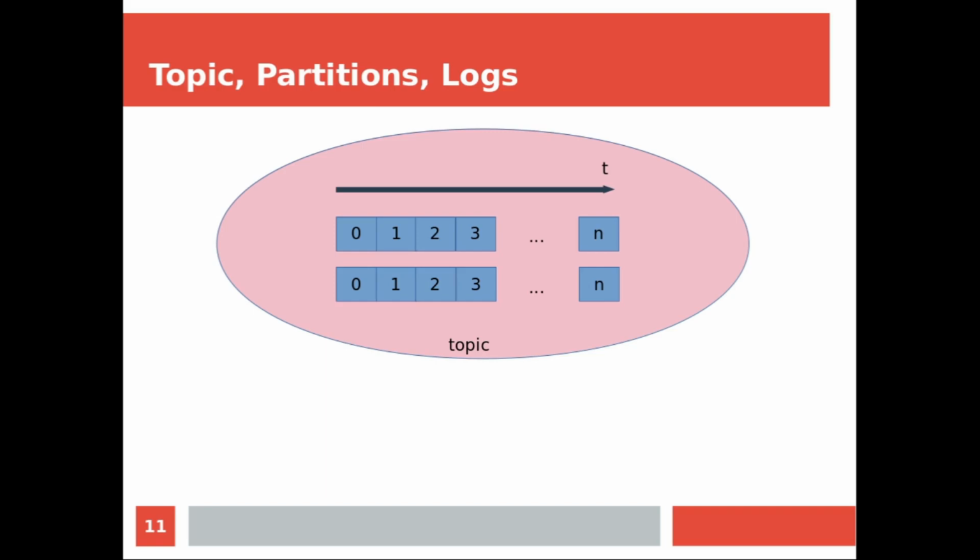Then we need this topic, for example social media data, to be split amongst servers, and then we need this log, which is the physical representation of this topic, to be split also on more than one machine. And then we can assign additional brokers to work with this topic and so on.